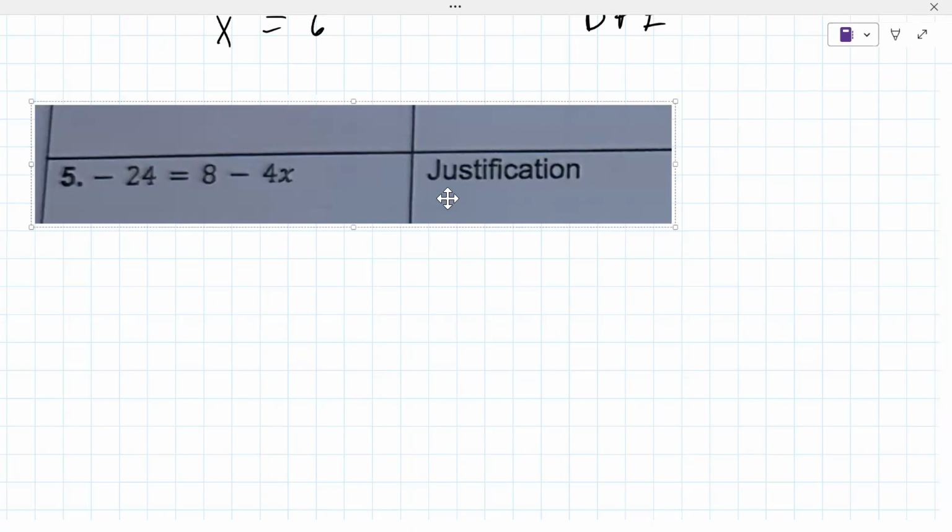Okay, so for that one, subtract 8 from both sides, and then divide by -4, and I got x equals 8. Yep, that's correct.